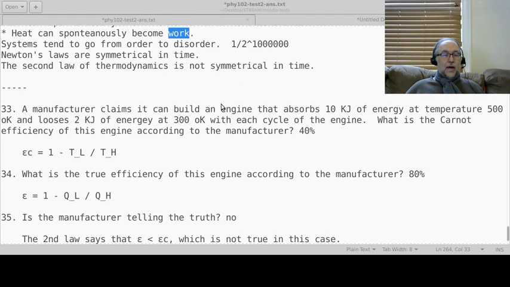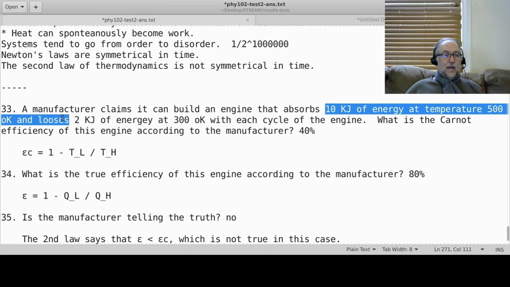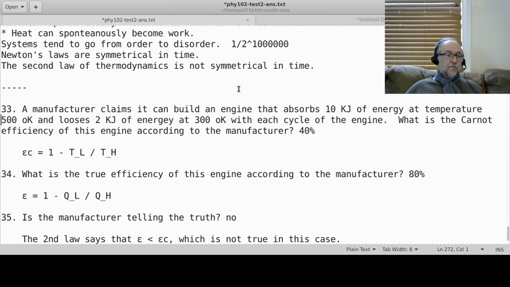All right, so we have here a manufacturer that claims that they can build an engine which absorbs 10 kilojoules of energy from a source which is at 500 degrees Kelvin, and it loses only 2 kilojoules to 300 degrees Kelvin, with each cycle of the engine.